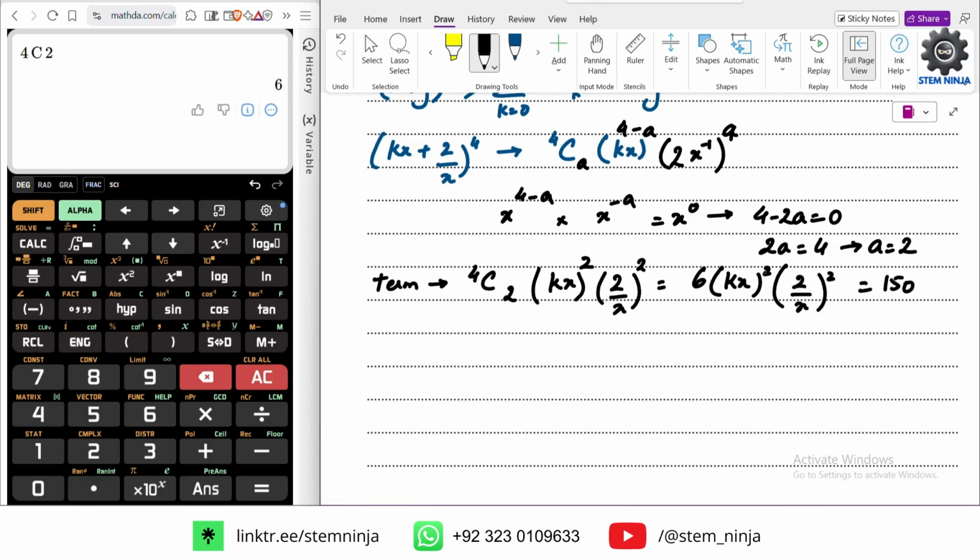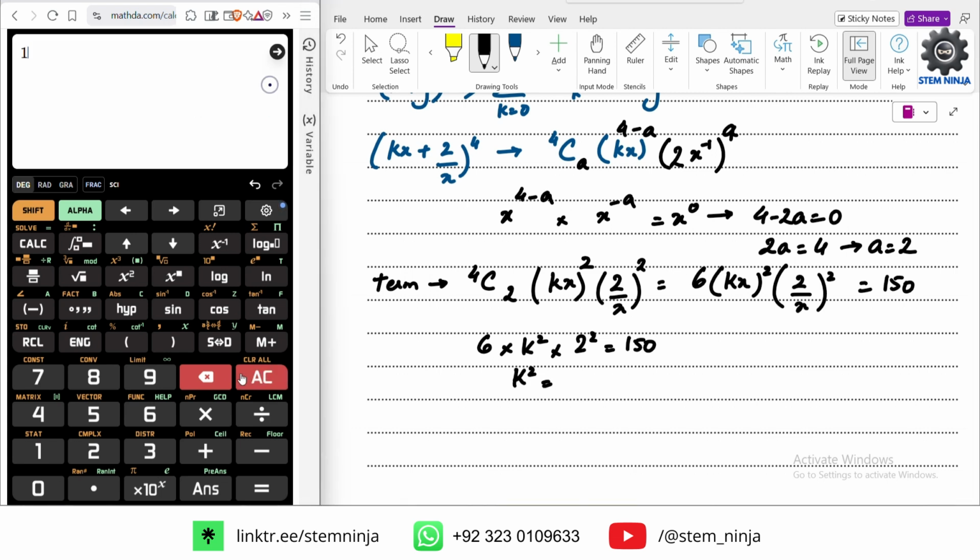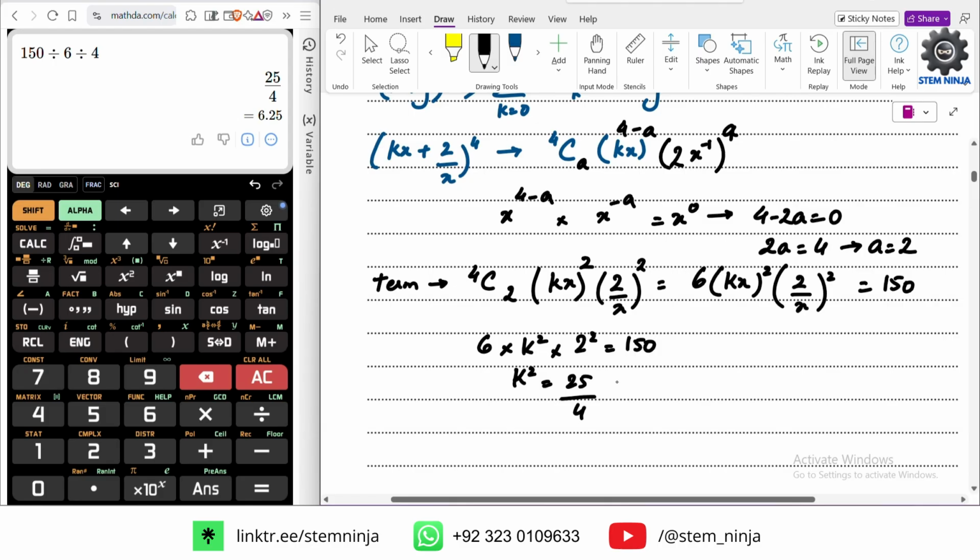So we already know that x squared divided by x squared will cancel out. So you have 6 times k squared times 2 squared equals 150. Therefore k squared is 150 divided by 6 divided by 4, so that is 25 over 4.